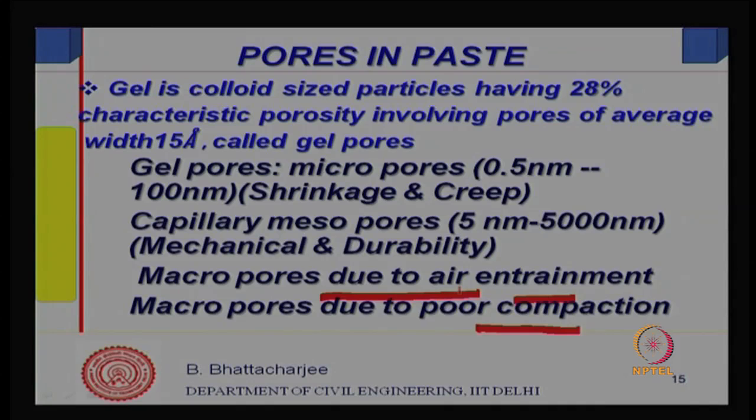Then the other type of pores which can be there is the capillary pores, which are large sized pores. If you recall the hydration process that we looked into, we said that there is inner product of hydration which is within the original grain boundary.